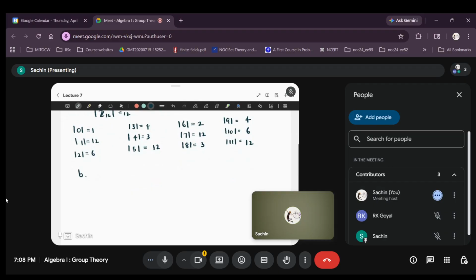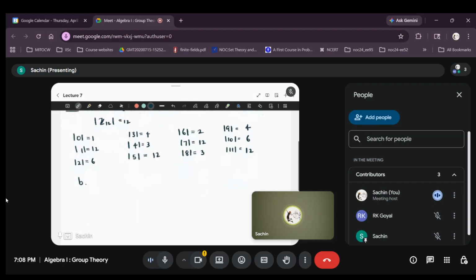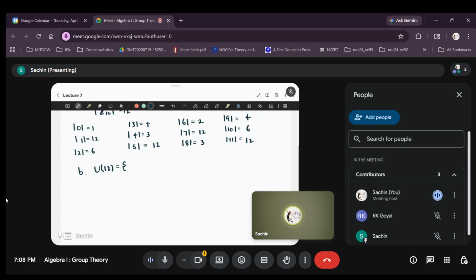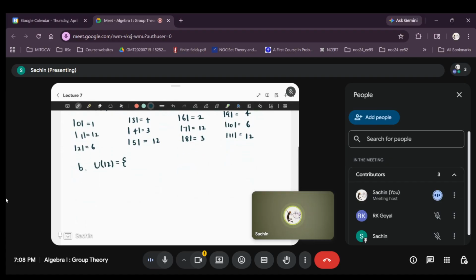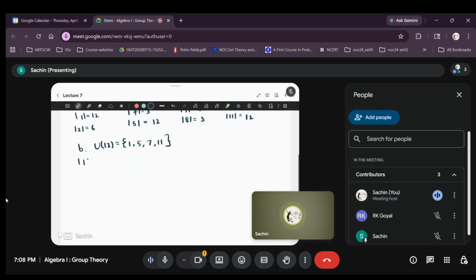And the group in part B was U of 12 under mod 12 multiplication. U of 12 is all numbers less than 12 relatively prime to 12. Order of 1 is 1.